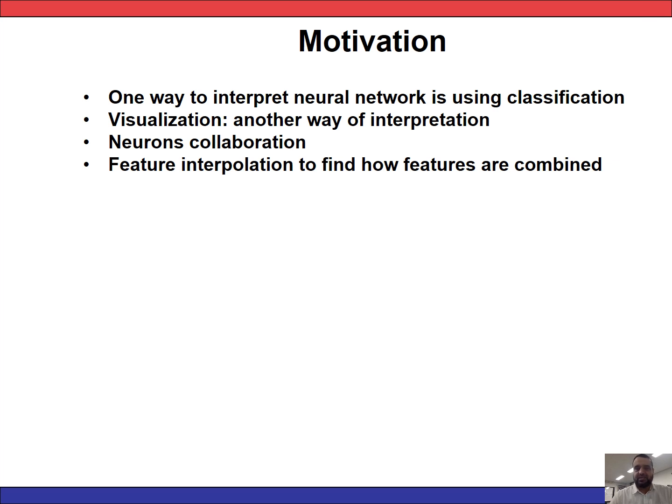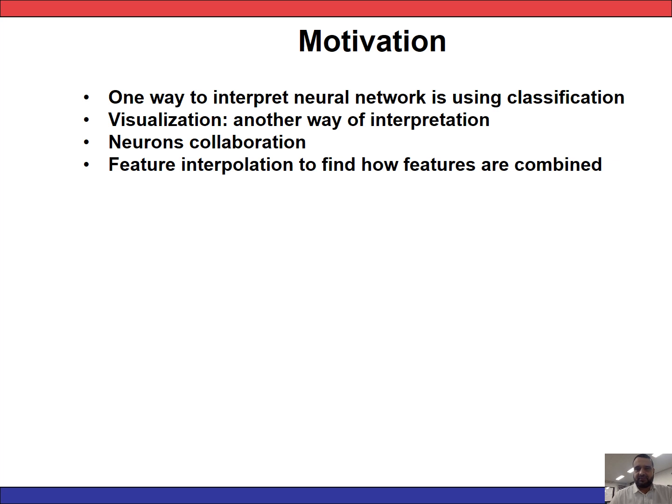understanding the neural network, but there are many meaningful ways to interpret neural network, what is inside those neural network. This classification only shows the end-to-end interpretation. It does not show the interpretation of neural network between different layers. So another way is visualization, like we want to visualize those neurons, what those neurons are learning.